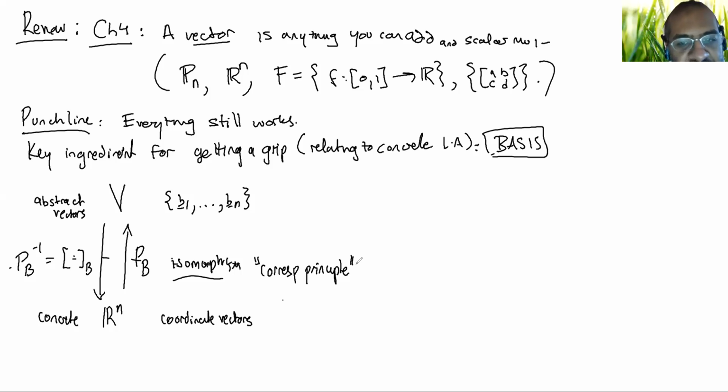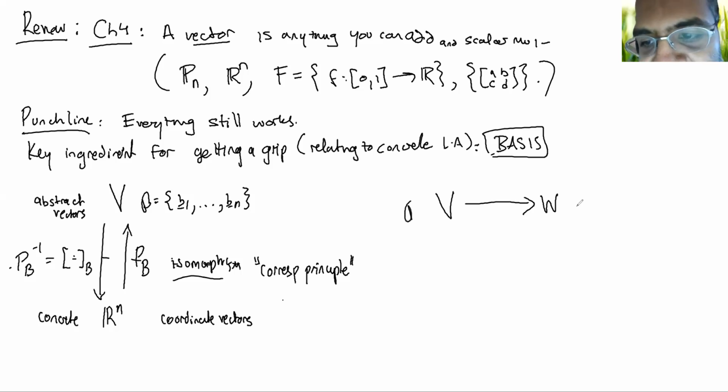And this is how to do vectors, but now what if you have a linear transformation? So you have two abstract vector spaces. Again, the idea is similar. You just do this twice with a pair of bases, B and C. So these are input and output bases.